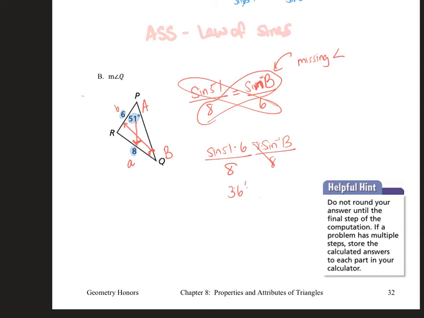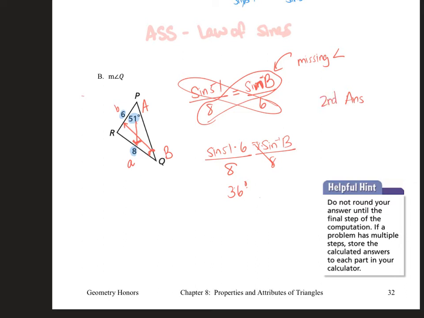Now, if you're doing this on a calculator that's different from mine, it was like 51 sine times 6 equals, divide by 8 equals. And you don't want to write down 0.5828594771. What you would do on your calculator, if you have the TI-30X IIS, on the bottom right, there's something that says answer. You would have to press second to get there.